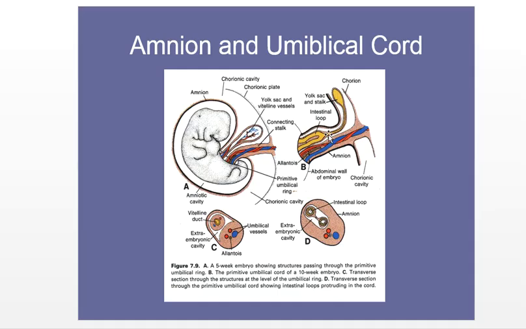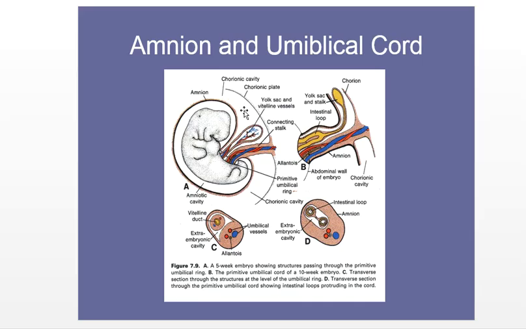It means that this part degenerates, and as a result of expansion of the amnion cavity or amnion membrane, the chorionic cavity is obliterated. It means that the amnion membrane comes into direct contact with the chorionic plate, and this cavity disappears.